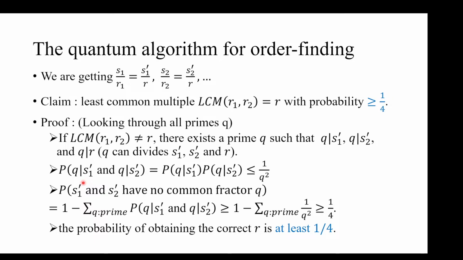Obviously, if you want the least common multiplier of them to be not equal to R, then none of them can be R. If any one of them is equal to R, then obviously the least common multiplier will be R. So if you want it to be not R, then R1 cannot be equal to R and R2 cannot be equal to R. And that means S1 prime and R have some common factor, and S2 prime and R have some common factor. So we take out some factor to get S1 R1 and S2 R2.